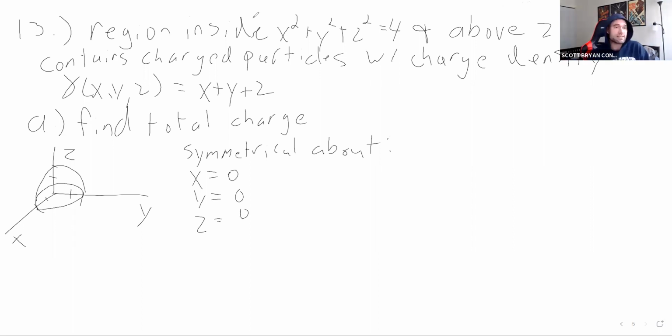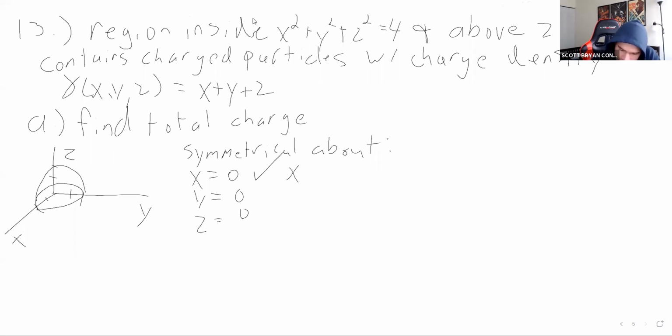Are we symmetrical about x equals 0? Symmetrical in the x direction, right? X equals 0 is the YZ plane. Do we have a mirror image in front and back of the YZ plane? We do, indeed.